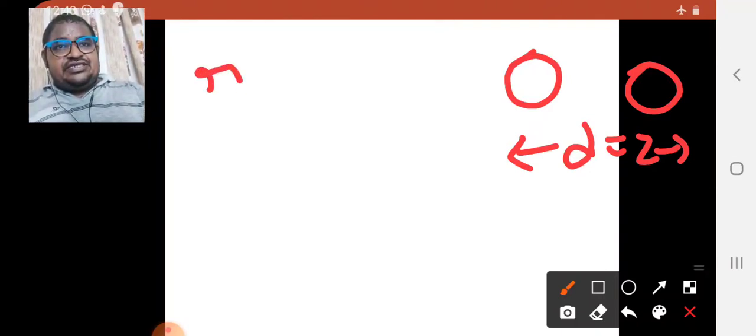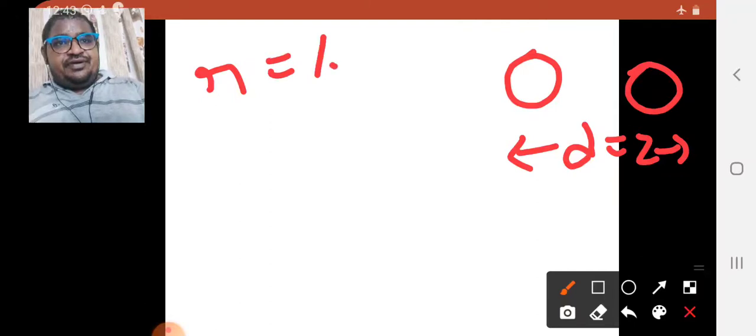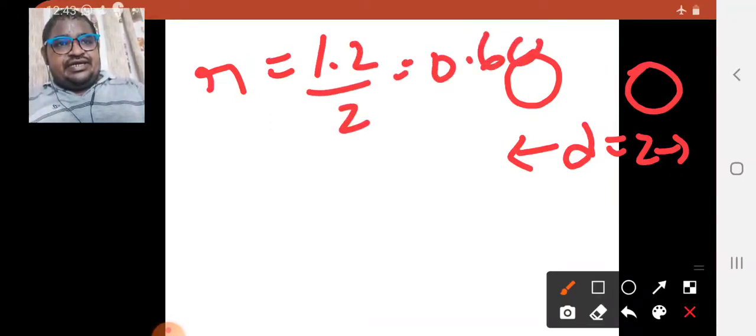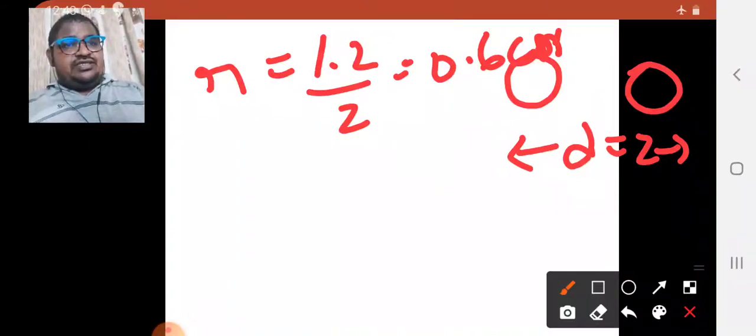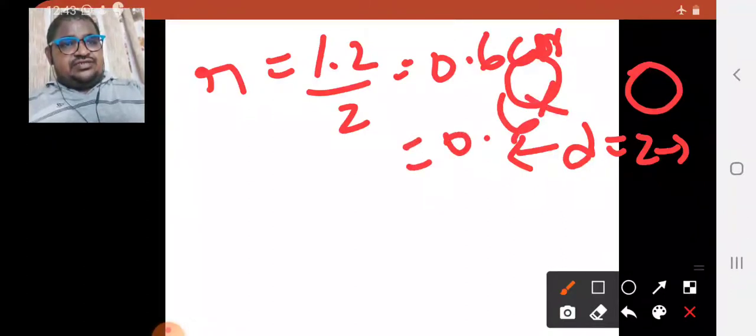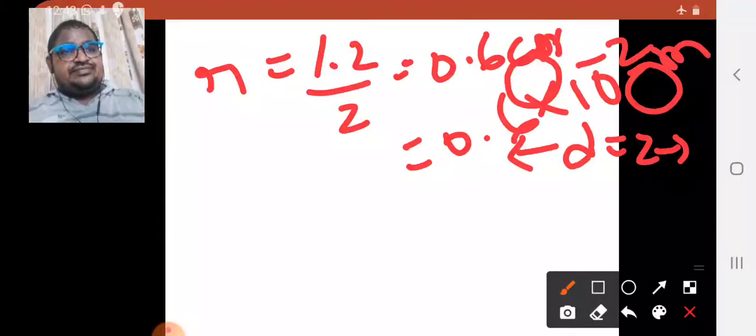Therefore radius is diameter by 2, 1.2 by 2, this is 0.6 centimeters. Either we can convert centimeters to meters, or meters to centimeters. Here I want to convert centimeters to meters, that is 0.6 into 10 power minus 2 meters.